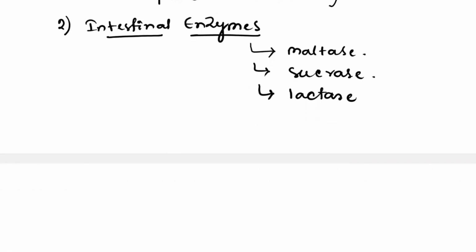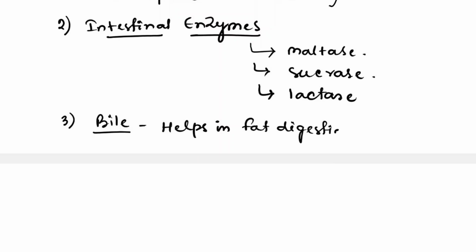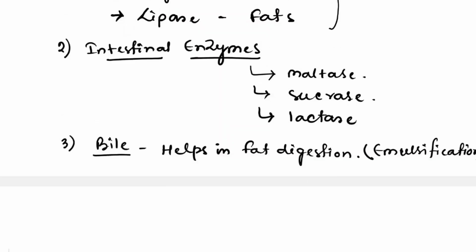So these are the intestinal enzymes. And third one is bile. It helps in fat digestion. This fat digestion we can also call emulsification. Okay.